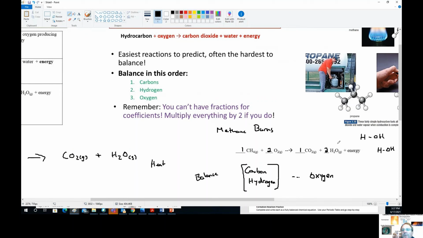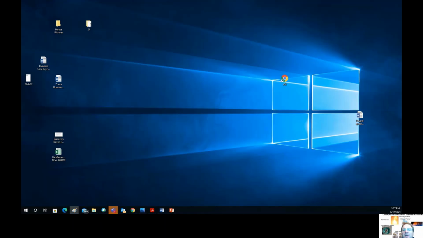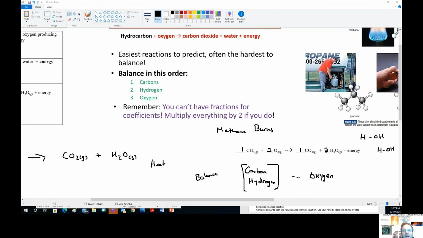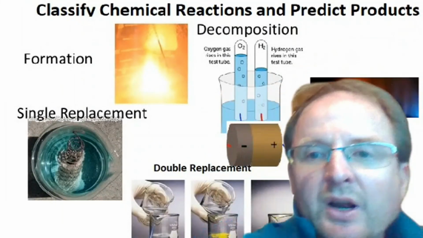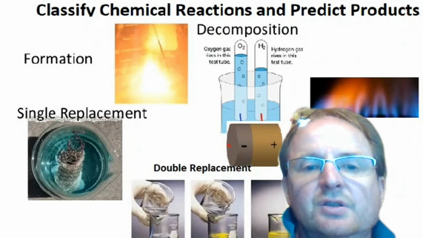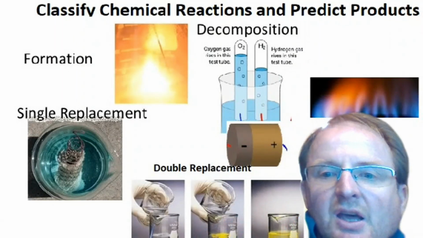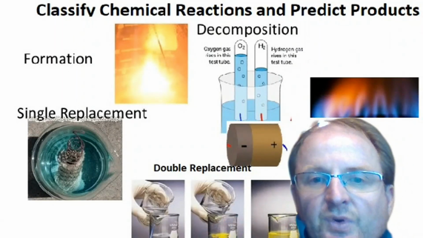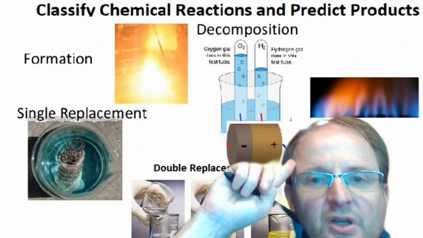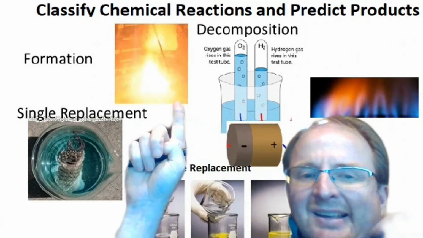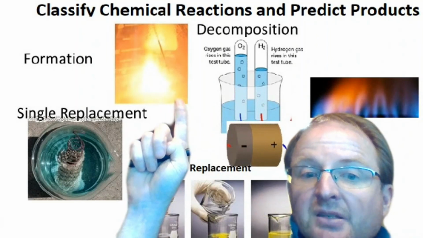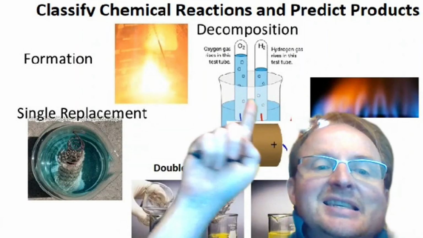All right, let's quickly summarize everything we've just looked at, the 5 major types of reactions. The only one I'm missing, you'll notice, is the words for hydrocarbon combustion. But other than that, we've got our key reactions. Formation, where a couple of simple elements make a compound.